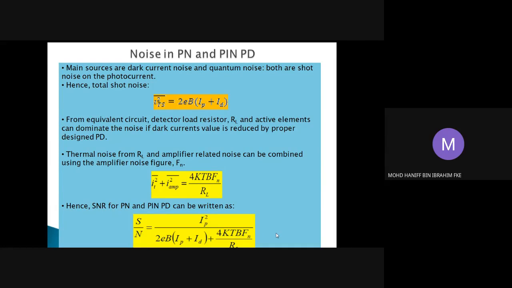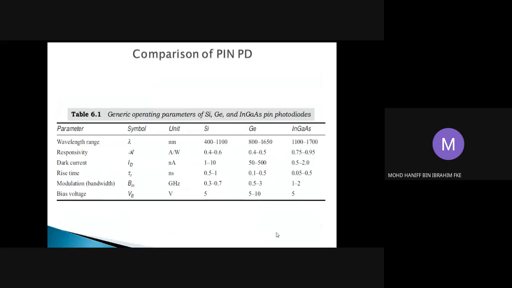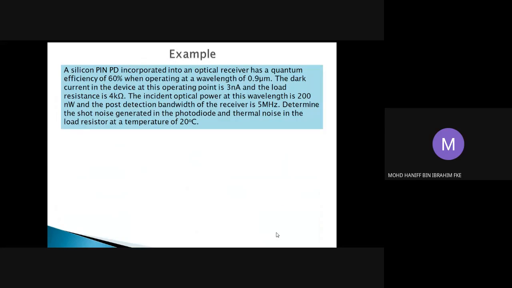We did these examples last week on the calculation of the noise generated in the photodiode and also the thermal noise in the load resistor.